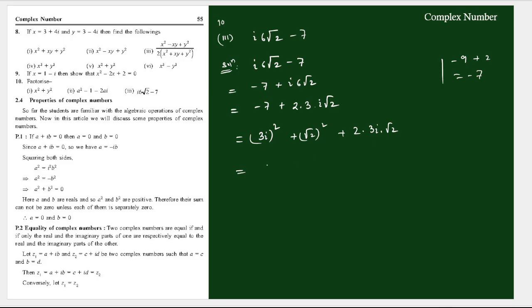So this is nothing but 3i plus root 2 whole square. या फिर you can write down ये root 2 को आगे लिख दो plus 3i. Okay, whole square. So root 2 plus 3i into root 2 plus 3i.